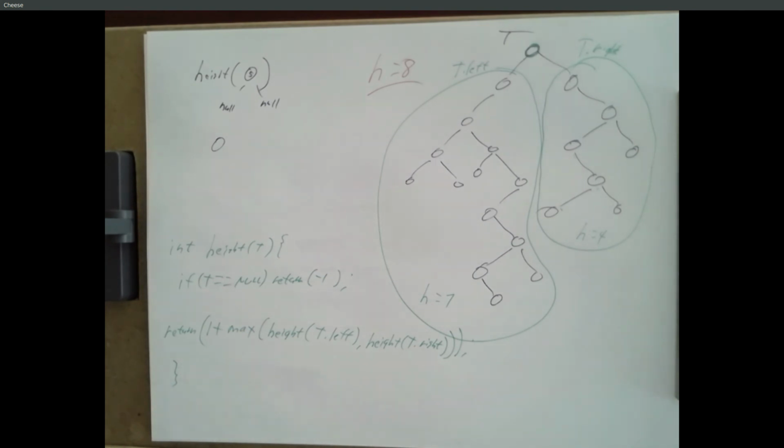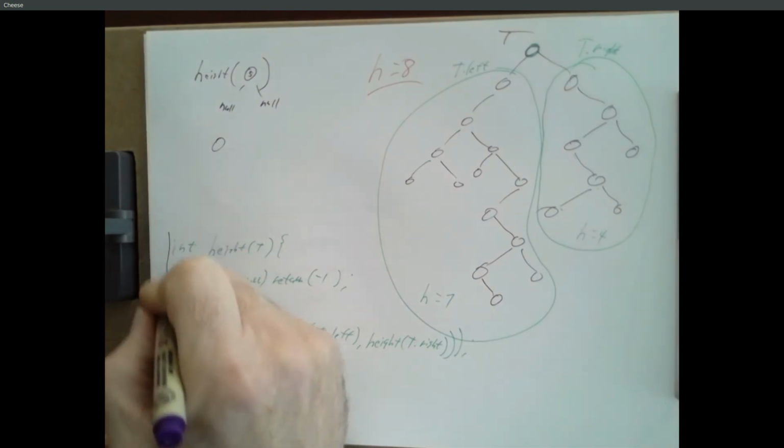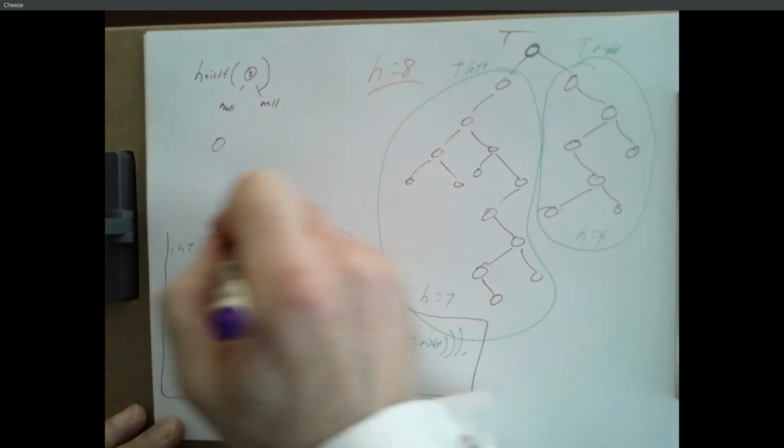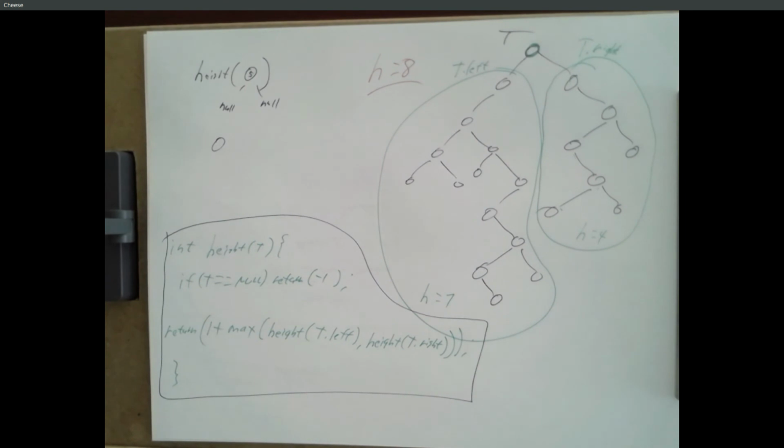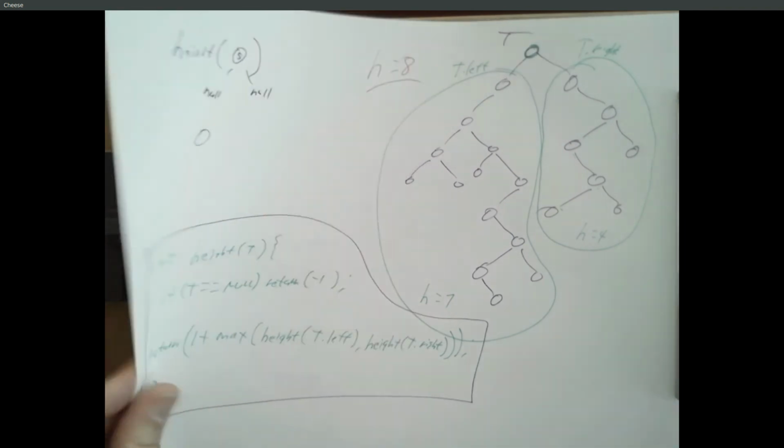All right, so we're going to work almost exclusively with recursive algorithms from here on out. And they're going to make our life a whole lot easier. So let me give you one more example.